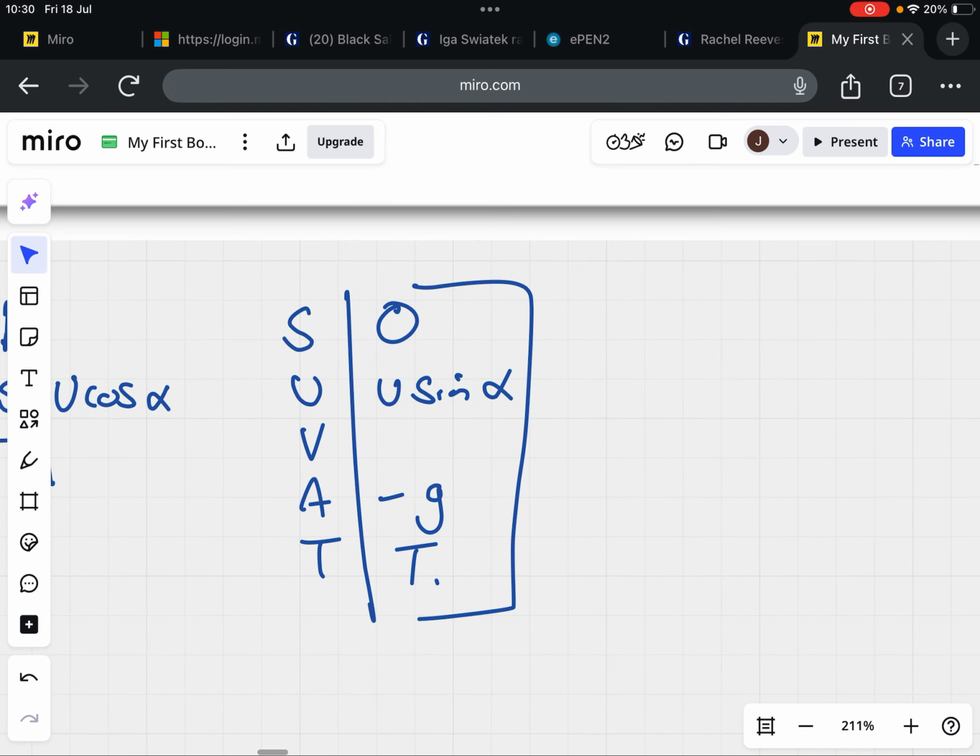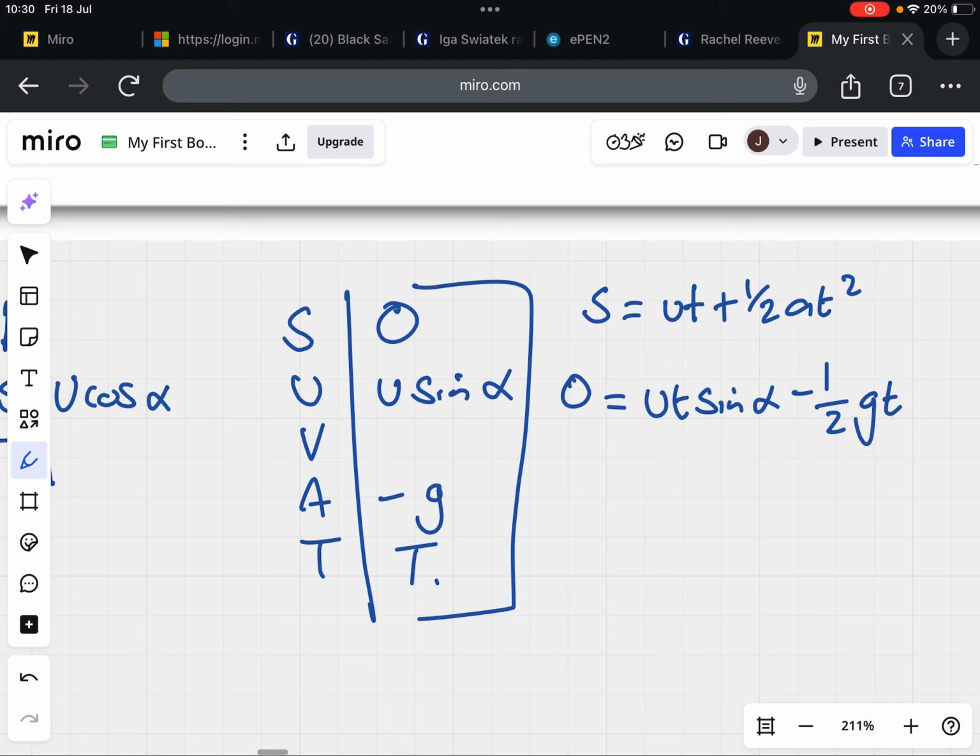Let's put them in a SUVAT. So s equals ut plus half at squared means this is now going to become 0 equals ut sine alpha minus a half g t squared.